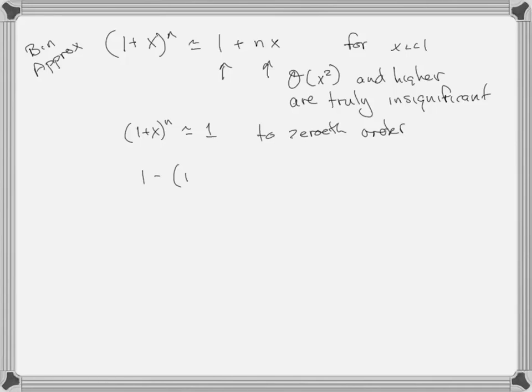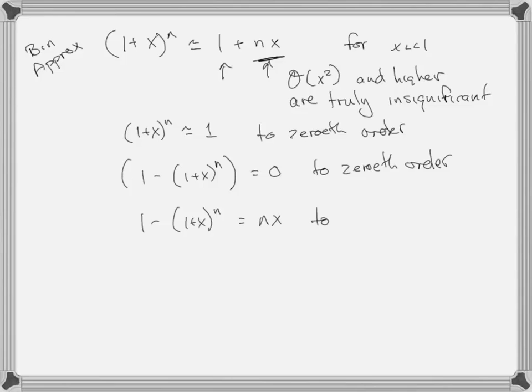We want to see how much accuracy we gain by going out to first order. So 1 plus x to the n minus 1 is indeed equal to 0 to zeroth order. But 1 plus x to the n minus 1 is equal to nx to first order. And that is something that we're often interested in.